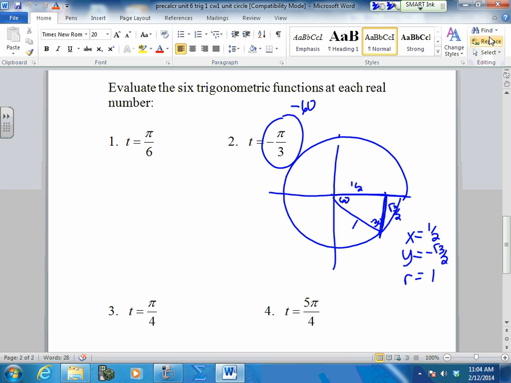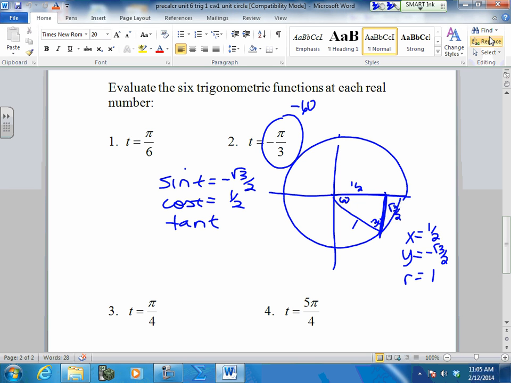This is your y. What's r equal to? 1. So now, I say, okay, give me the sine of t. Sine, I go up, I got it. Give me the cosine of t. I go to my x, I got it. Give me the tangent. On your unit circle, remember the x is the cosine, the y is the sine.